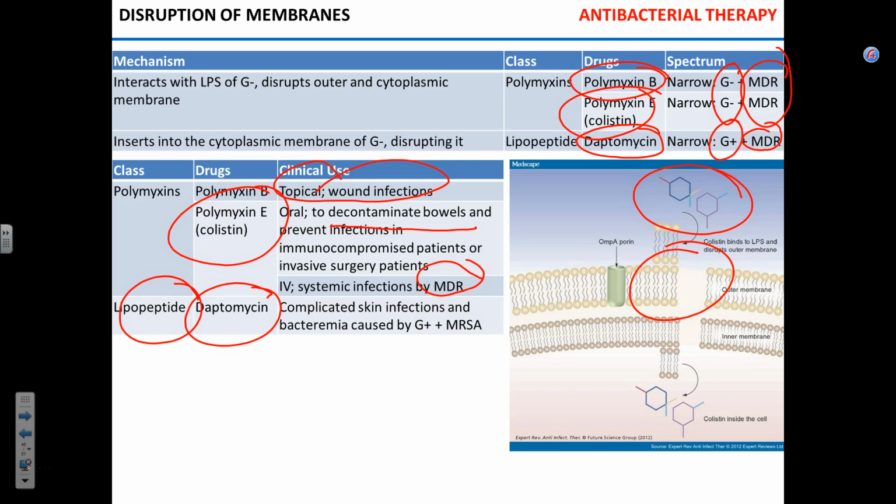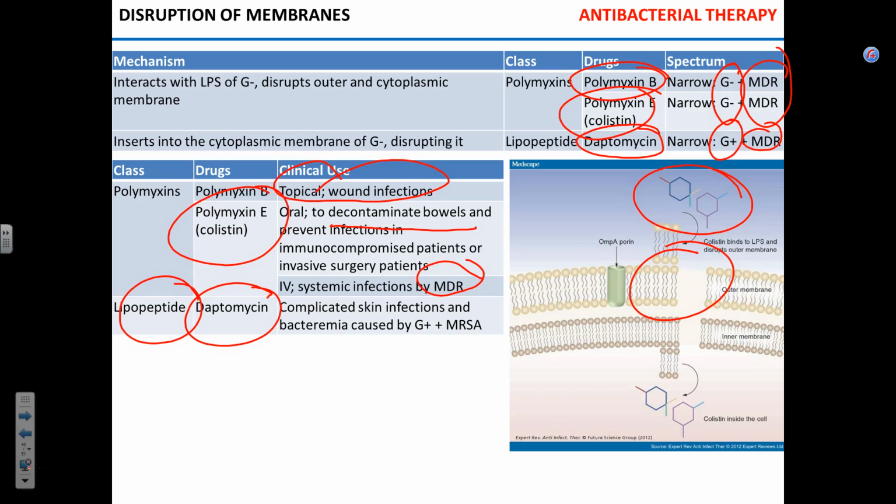And its lipid part incorporates itself into the membrane. And it's not one molecule, it's many daptomycin molecules. Peptide parts organize in the pore, the channel. And that channel allows the flux of ions across the membrane.